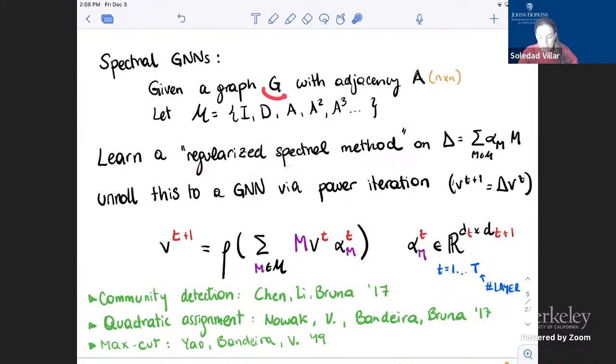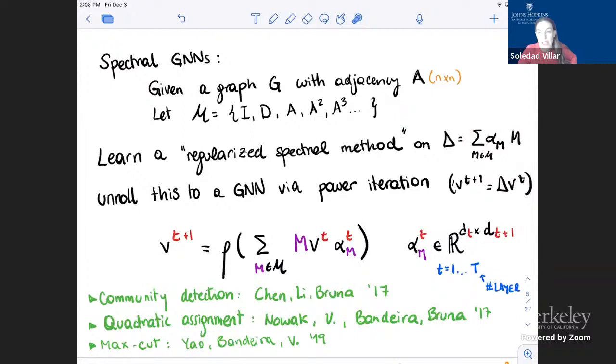And they do it by constructing some sort of regularized spectral method. So given a graph G, one can construct the adjacency matrix, and then a set of operators that depend on the graph: the identity, the degree, the adjacency matrix, and then powers of the adjacency. And then we can say, okay, I'm going to learn a regularized spectral method, which is going to be a linear combination of these operators of the graph.